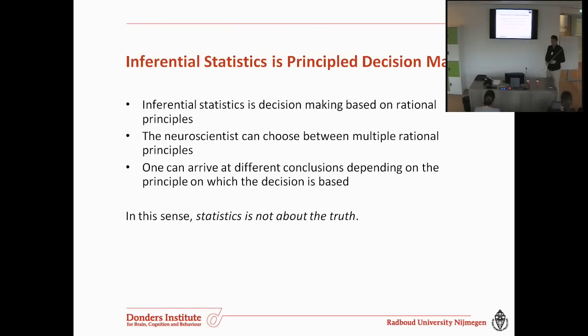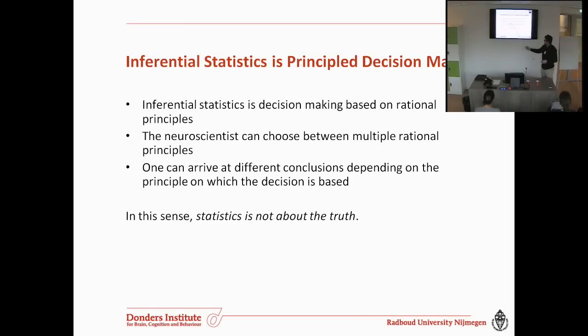What is very good to keep in mind, as a way to not overvalue inferential statistics, is that it is principled decision making. At the end, it's about making decisions, and you do this in a principled way. So you choose a particular principle that allows you to deal with the inherent uncertainty in your data.